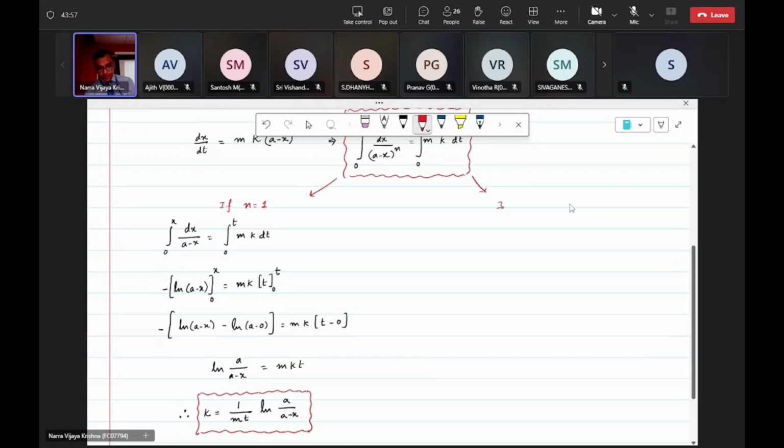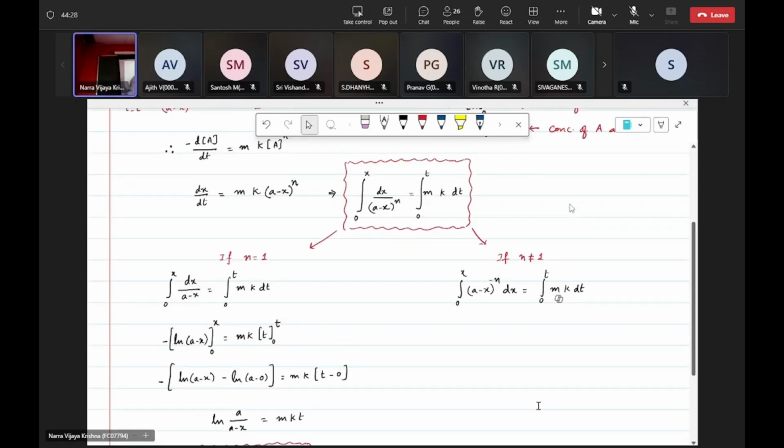Now, if n is not equal to 1, then what do you have to write in this equation? Integral 0 to x, a minus x power minus n dx, equals integral 0 to t, m k dt. Now, what is the integral of something power minus n?